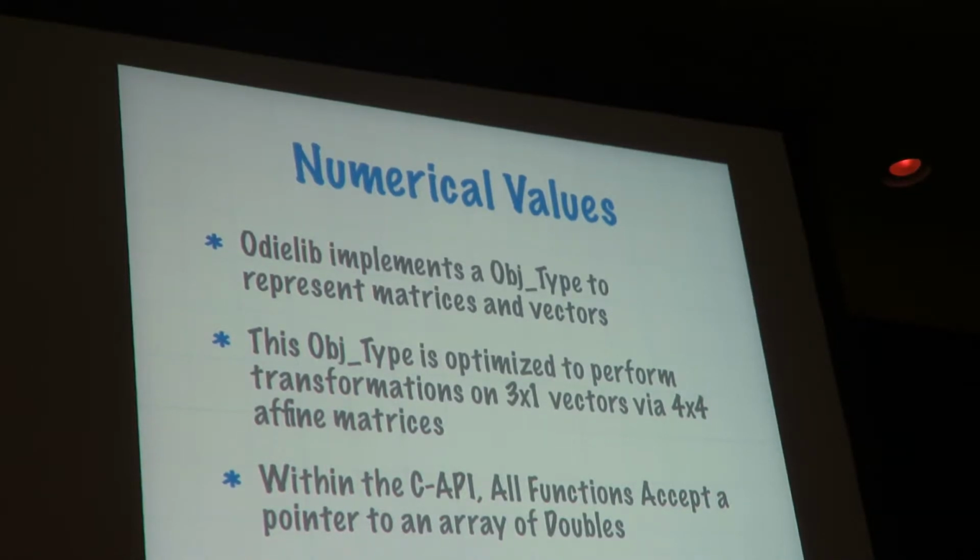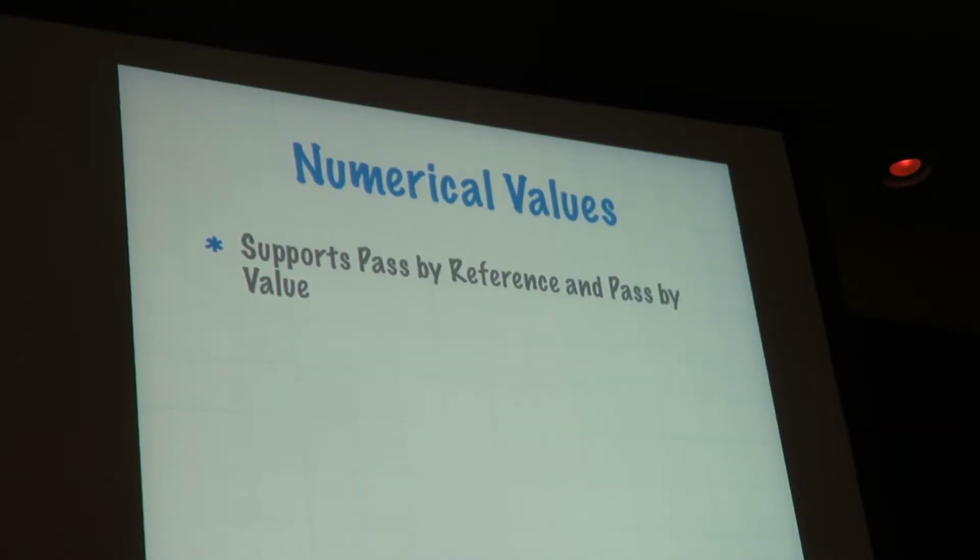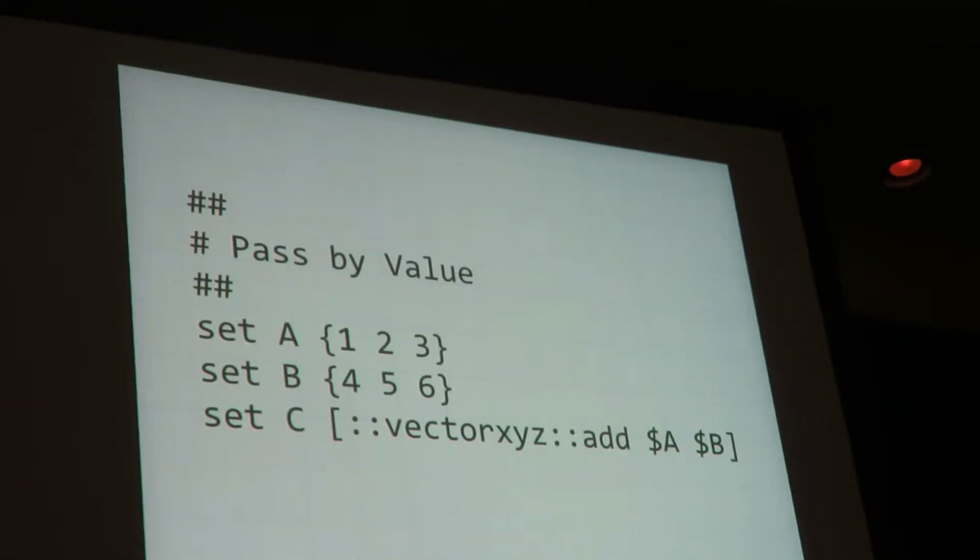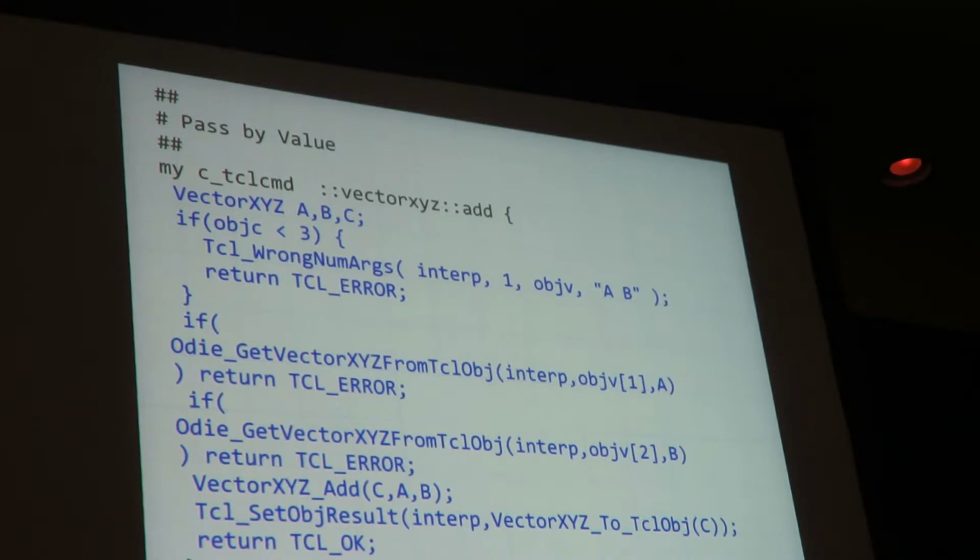I throw it over the wall, stuff comes back, and then I can figure out whether I'm going to pass a copy to Tcl or I'm going to rewrite the value that came in. So we can do pass by reference and pass by value. Pass by value is I have A, I have B, I generate C. We've got some operators inside of Odie that take the value and copy it into some known location.